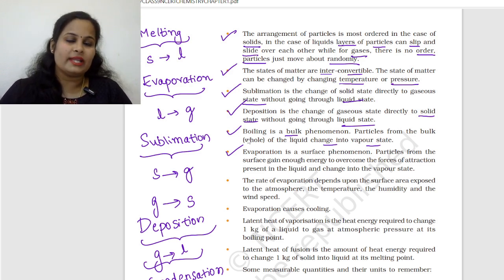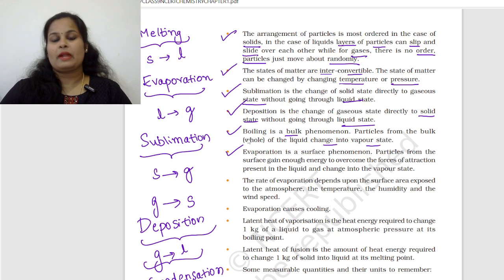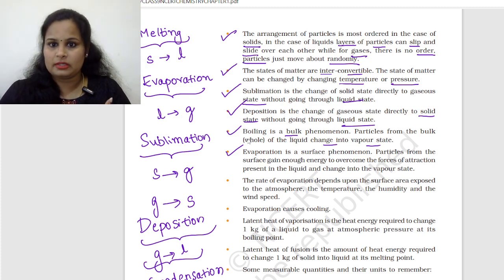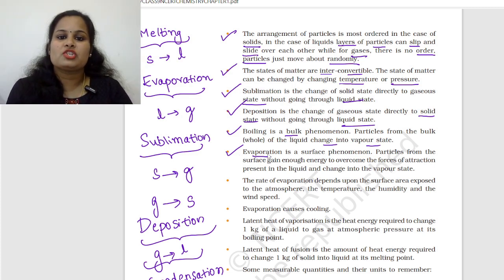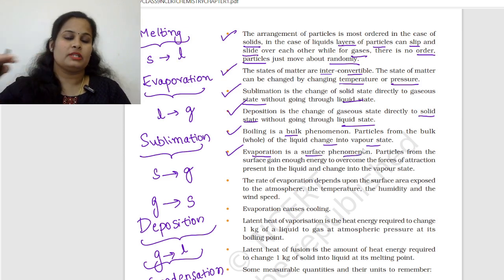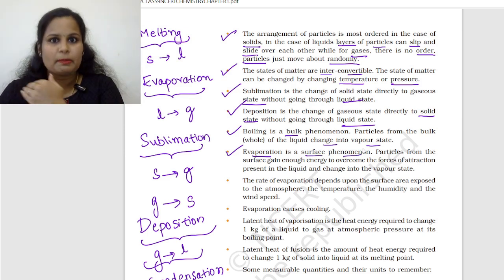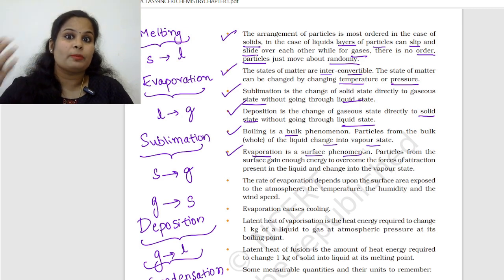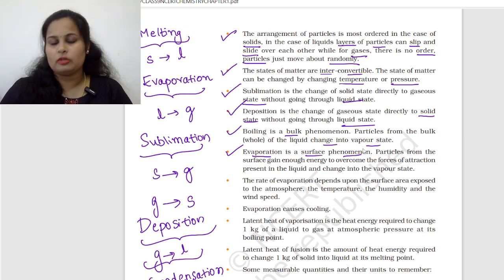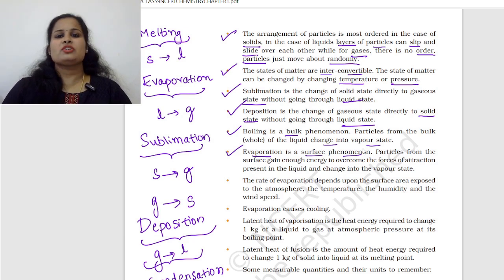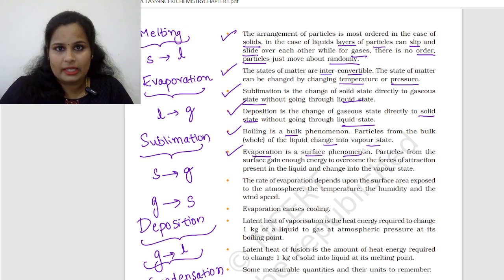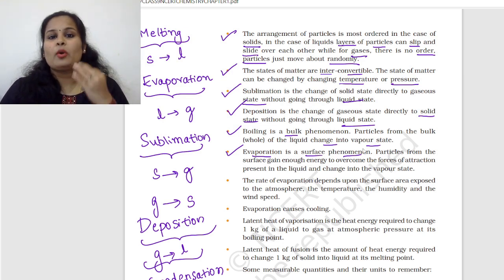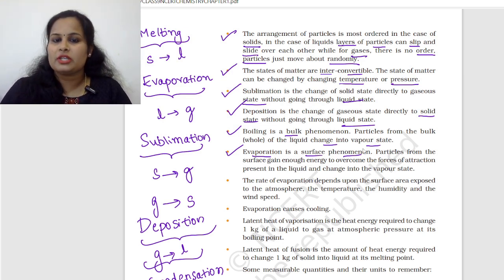The difference between boiling and evaporation is that boiling is a bulk phenomenon, whereas evaporation is a surface phenomenon, where the surface particles get enough chance to evaporate very quickly, not the bulk particles. So it's not a bulk phenomenon. And evaporation can happen at any temperature, even below its boiling point. But boiling is that process which particularly happens at the boiling point.